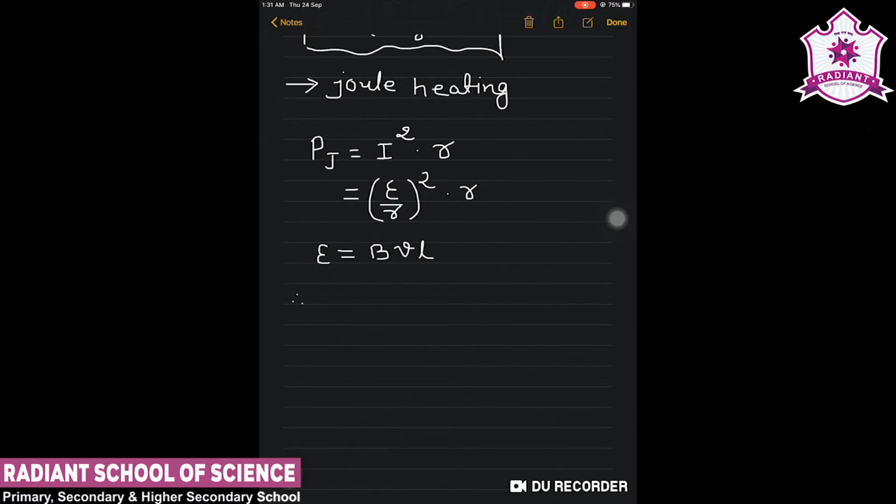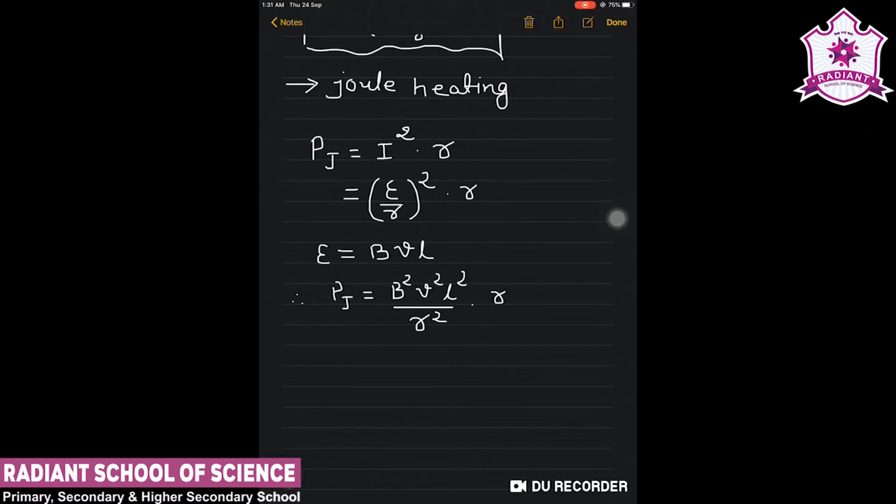So the Joule power is given by B square V square L square over R square into R.